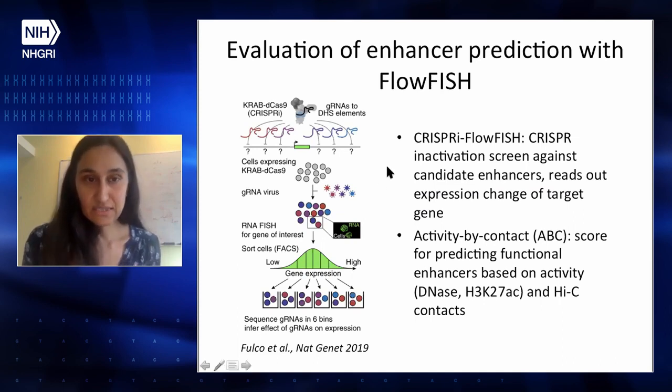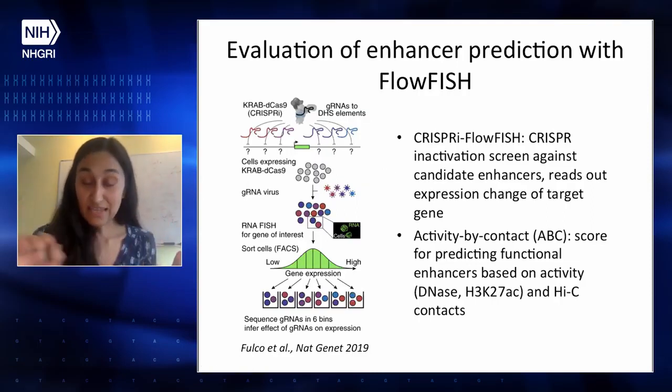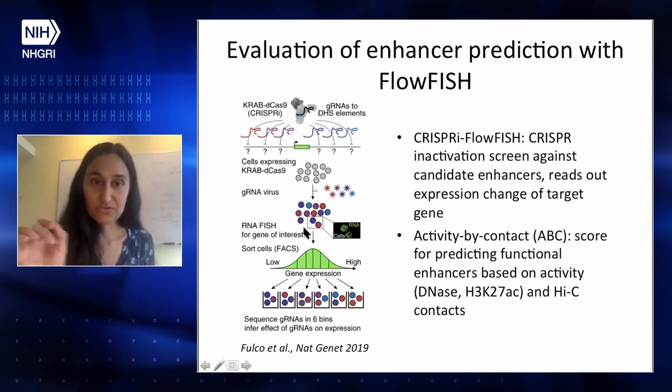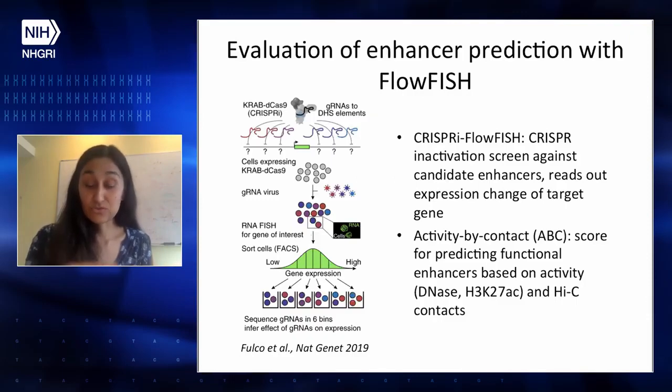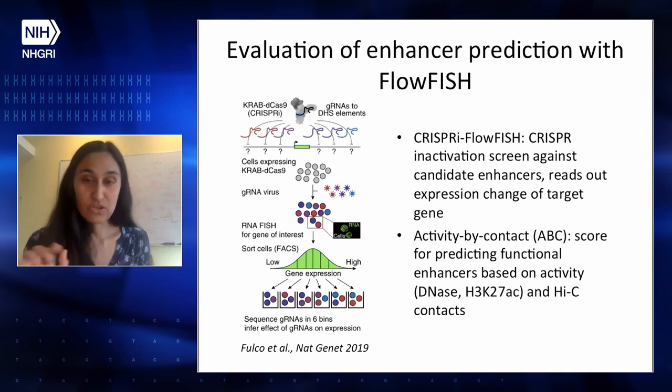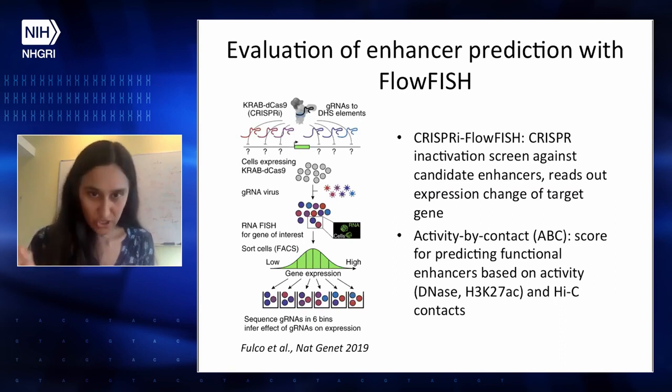What they're doing is taking a particular gene of interest, with a set of candidate enhancers, and they do a pooled CRISPRi screen with a readout using RNA FISH for the gene of interest. Through sorting and sequencing, they can estimate the impact of perturbing individual enhancers on the expression, the fold change, of the target gene.